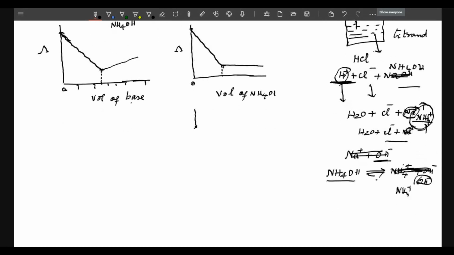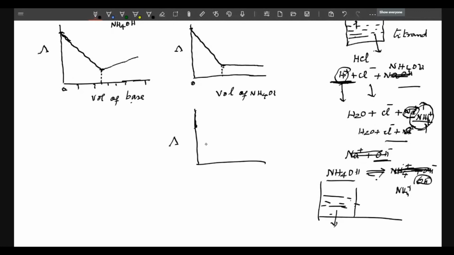You are taking ammonium hydroxide in the beaker. You are adding hydrochloric acid from the burette. What happened?